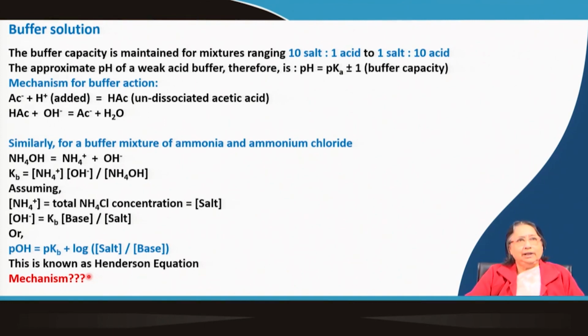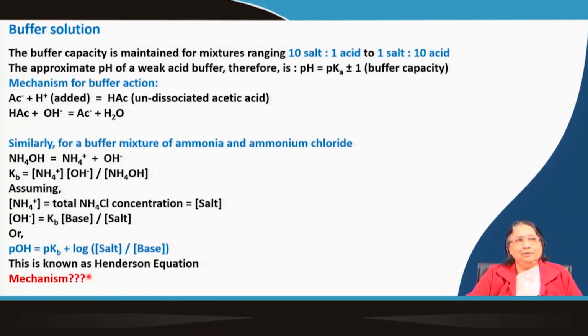Now, the buffer capacity. I told you, if you remember, that buffer action will remain in some range. It is not the whole range of pH. Buffer can only resist the change when a slight amount, a little amount, of acid or alkali is added.